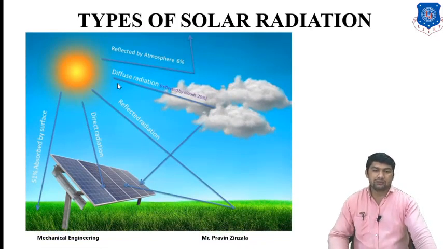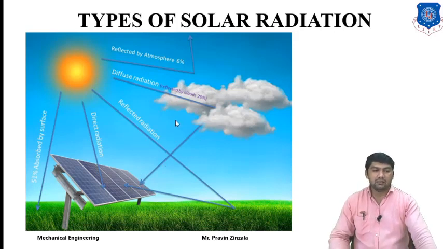There are basically two types of radiation: direct radiation, or beam radiation, and diffuse radiation. Direct radiation means we receive the solar light without scattering. Whenever we receive radiation after reflection or scattering, it's called diffuse radiation.